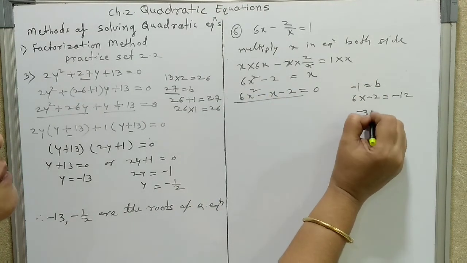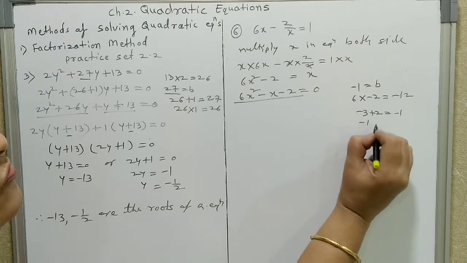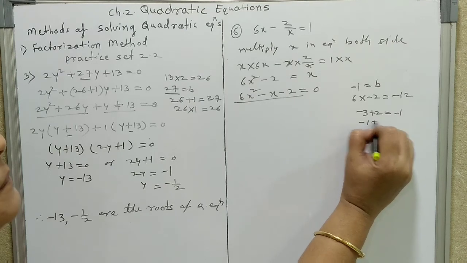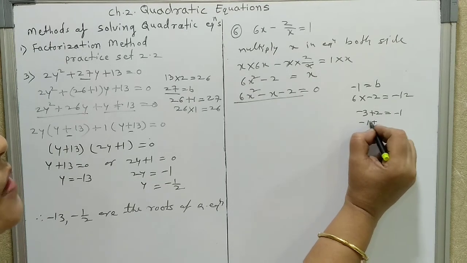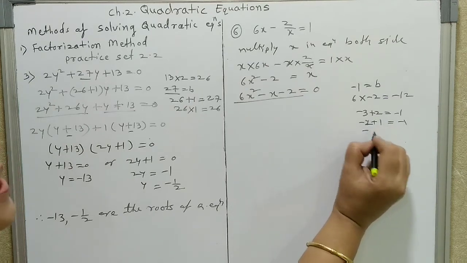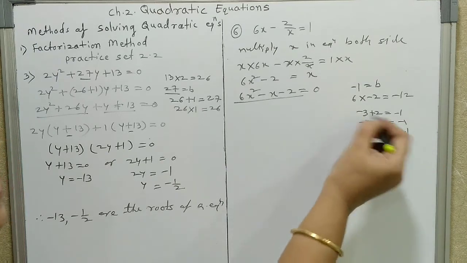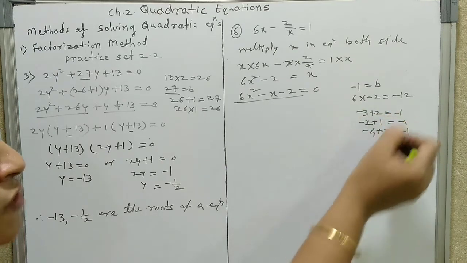So minus 3 plus 2 is equal to minus 1. Minus 2 plus 1 is equal to minus 1. Minus 4 plus 3 is equal to minus 1. See here, these are factors of minus 1.